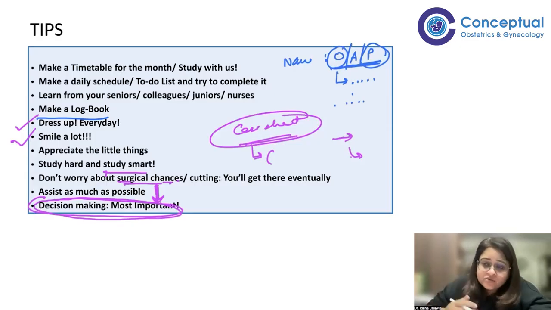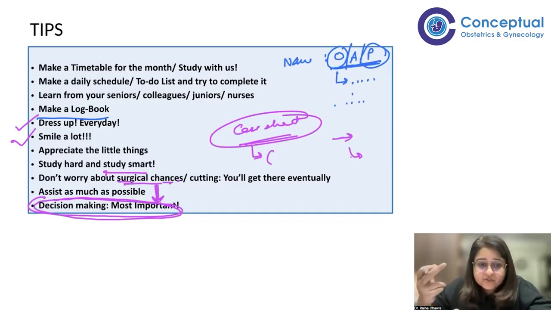And when on rounds, the discussion goes on about what to do next for this patient, with the consultants and the entire team. When they make the decision, see whether your planning was correct or wrong, what you thought was wrong, or what was finally done. That helps build your thinking power.